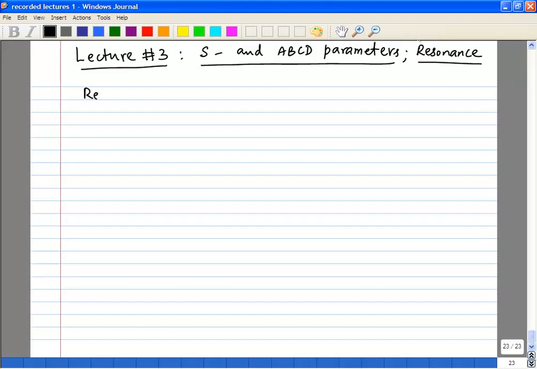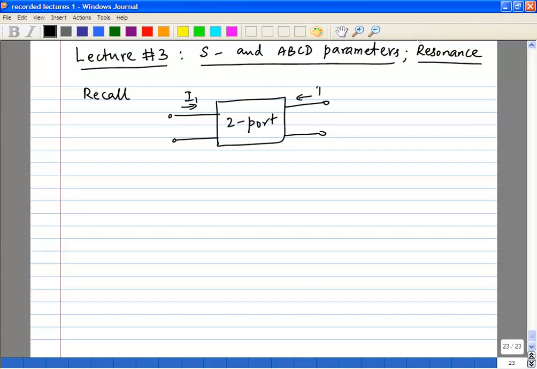So you may recall from your earlier courses that for any two-port network, you can define different sets of relations between the currents and the voltages, between the input port, which is usually 1, and the output port, which is 2.